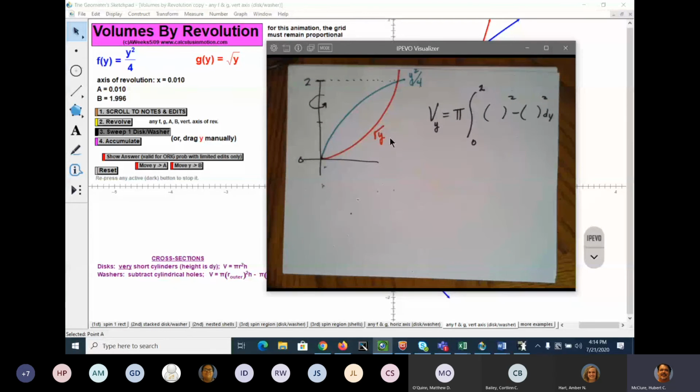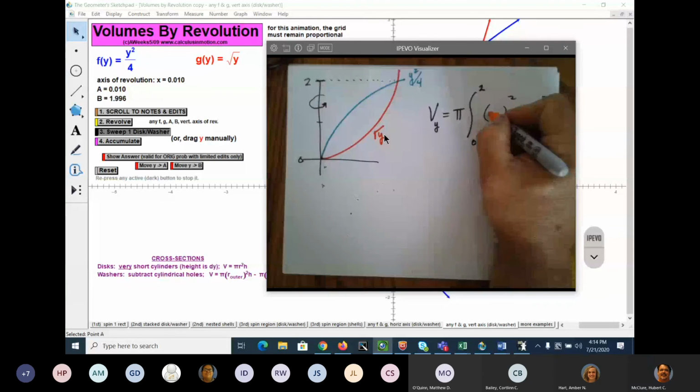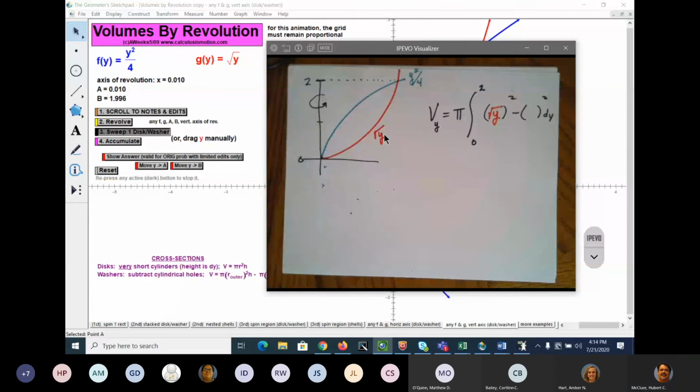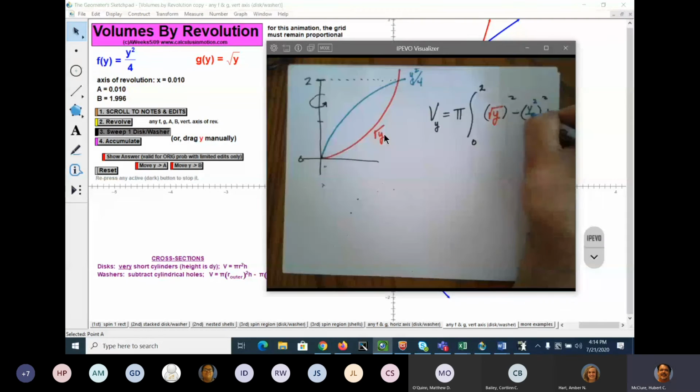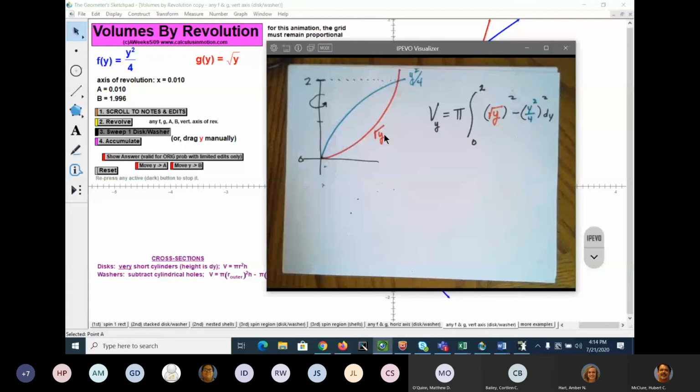The outside is going to be the square root of y, minus y squared over 4. All right, work on that one.